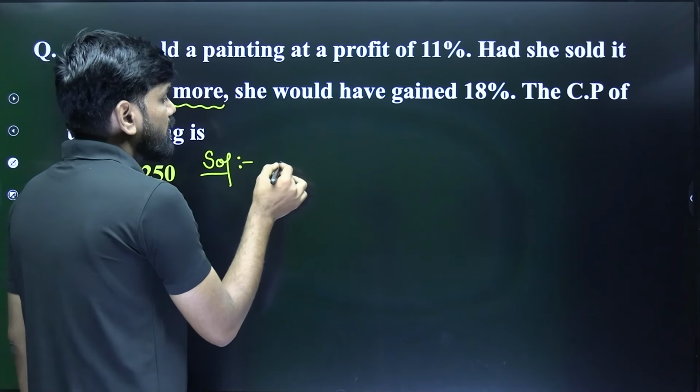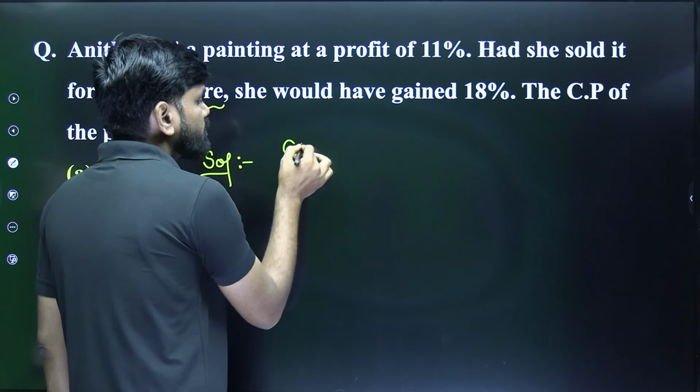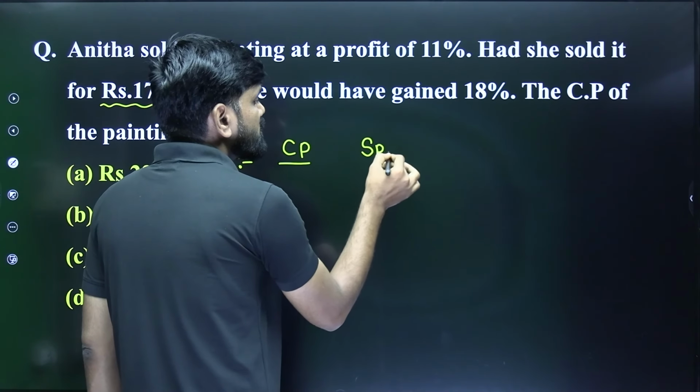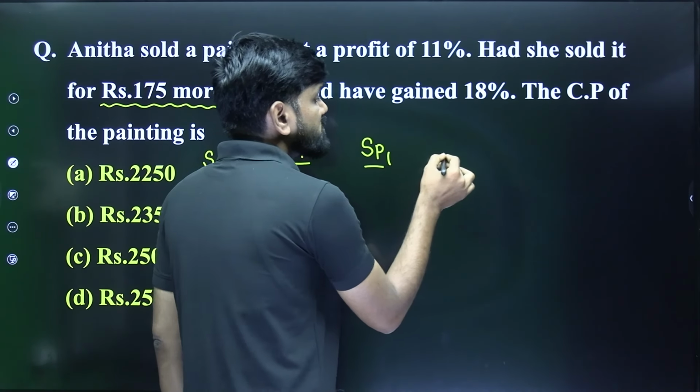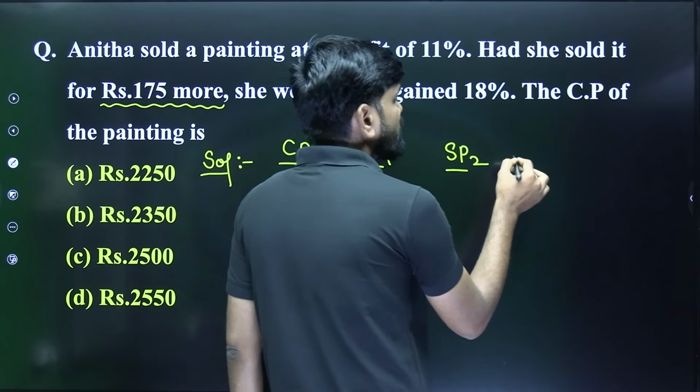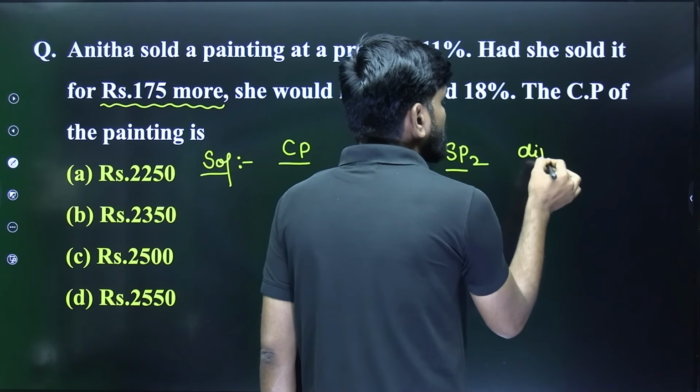Let us start. In the first case there is a selling price, and in the second case there is a selling price. They have given two selling prices, and they have also given the difference between the selling prices.